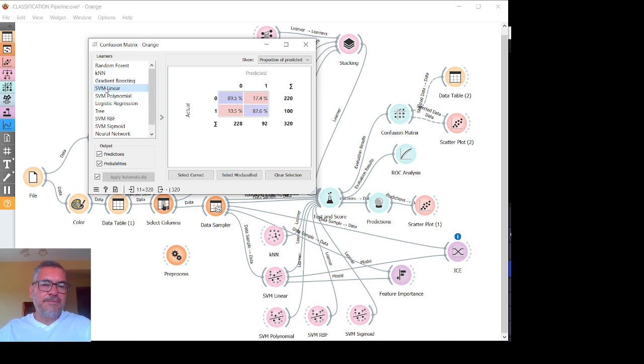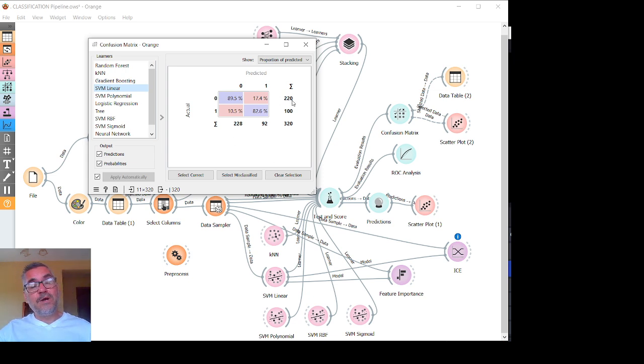For the SVM linear model, you see we have 320 observations in total. This is our training sample here. The actual cases are, we have 0 cases, so people that actually paid, 220, and actual people that did not pay, 100, so a total of 320 customers.